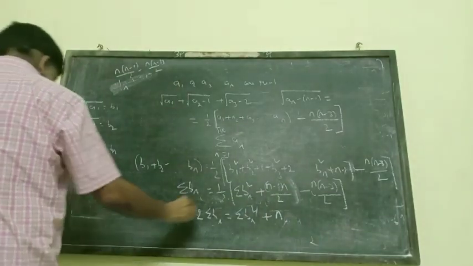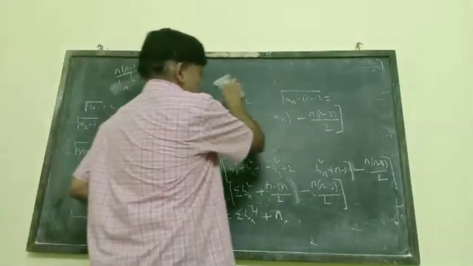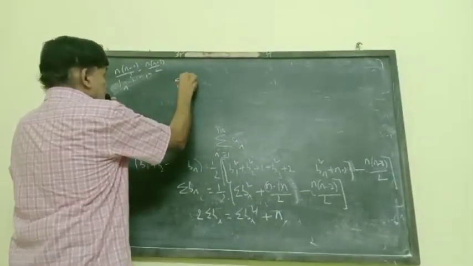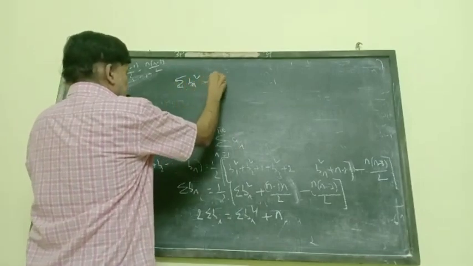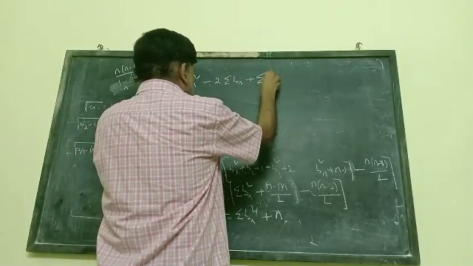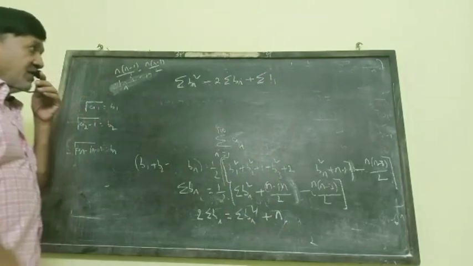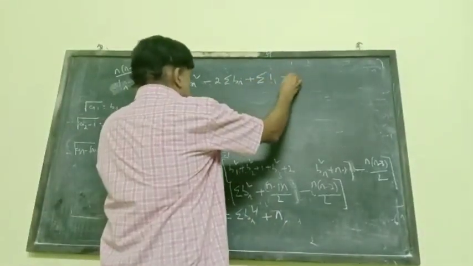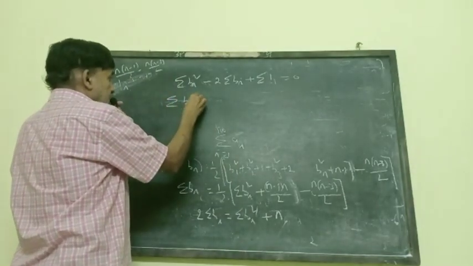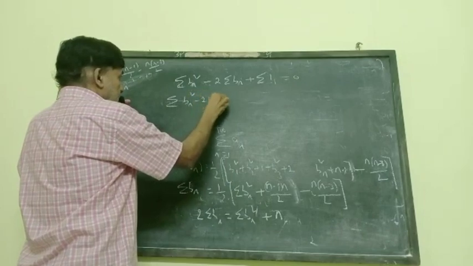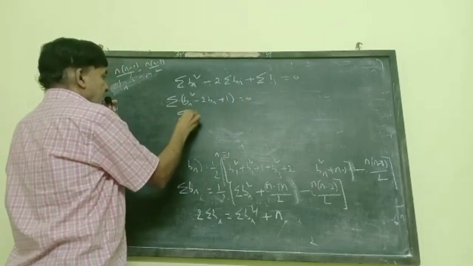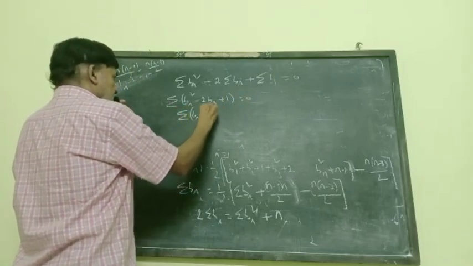So when we write like this, if you bring everything onto one side, you will get sigma bi square minus 2 sigma bi plus sigma 1. N can be written as sigma 1. It is equal to 0. So this is sigma bi square minus 2 bi plus 1 is 0. This is as good as sigma (bi minus 1) whole square is 0.